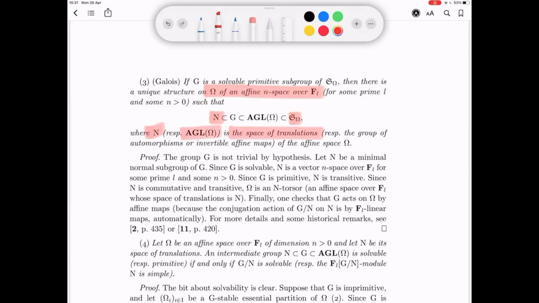And AGL omega is what? The group of all automorphisms, or the group of all invertible affine maps, of the affine space omega. So just as if you had a vector space V, then the linear automorphisms of V would form a subgroup of the group of all permutations of V. Similarly, when you have an affine space, you have the group of all affine automorphisms of that space, right?